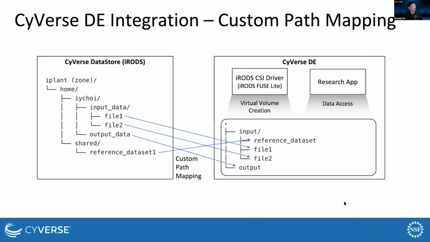So there's a custom path mapping feature newly introduced to iRODS FUSE Lite. If you selectively access some files in a collection, like 100 out of millions, then you can make a custom path mapping so that only those data objects are mounted on the file system.